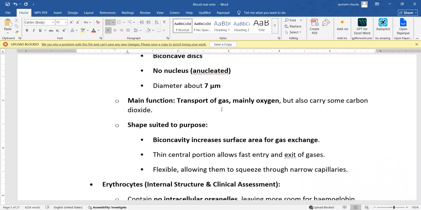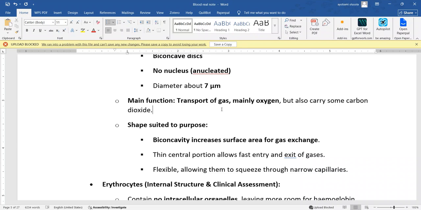Now, how is it able to do this? Number one, it's able to do this because of the biconcavity. This biconcavity increases the surface area for gas exchange. Then it has a thin central portion which allows a fast entry and exit of gases.